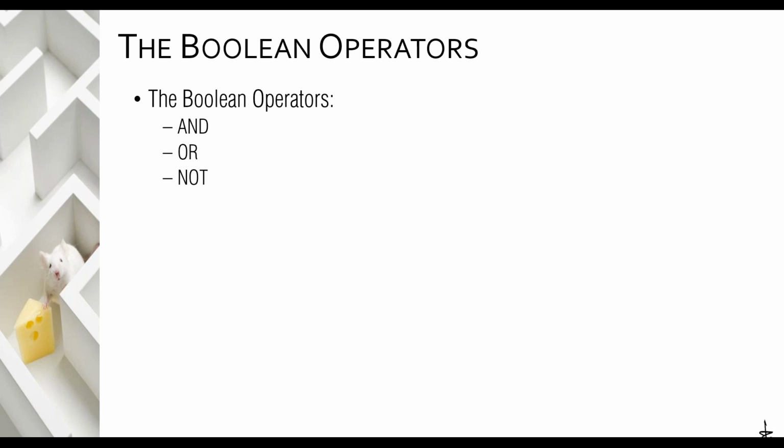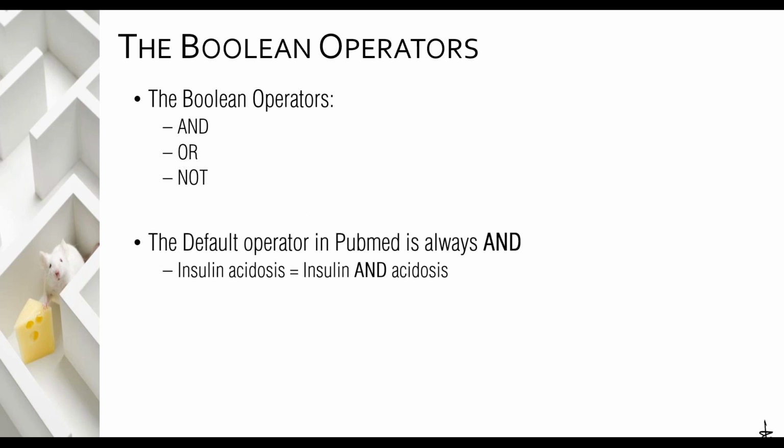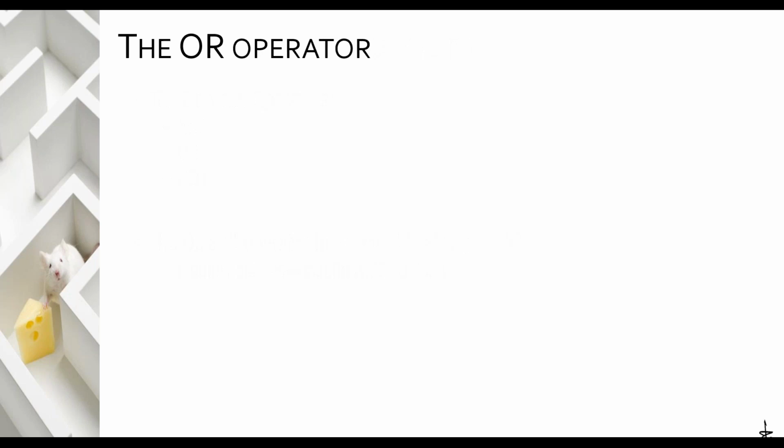So if I want to find out about shisha and lung cancer, this is the way of doing it. When I write insulin and acidosis, the search engine automatically puts the word AND in the middle, so it searches for that term and that term in the same study.